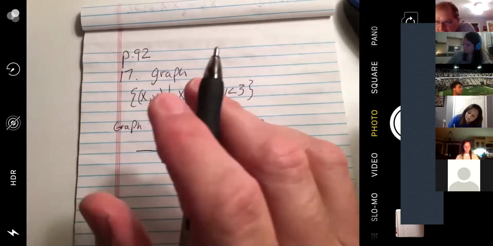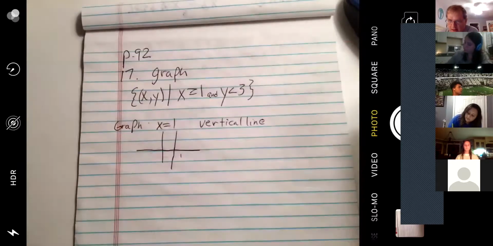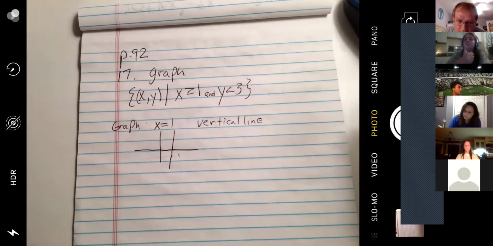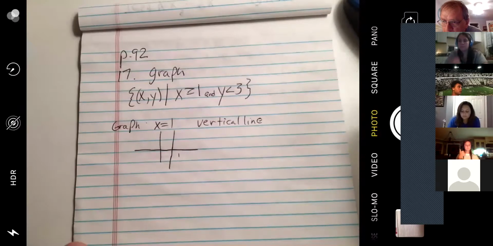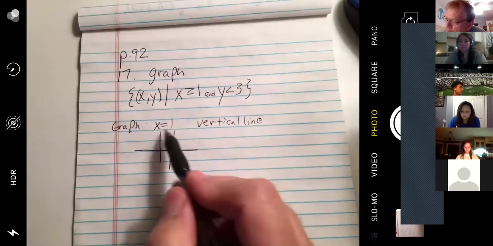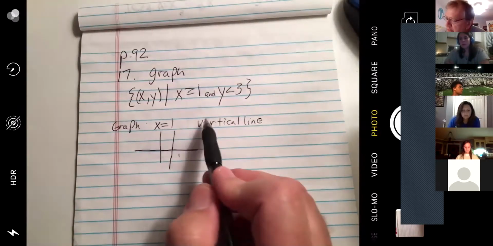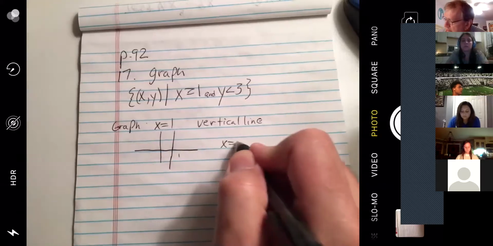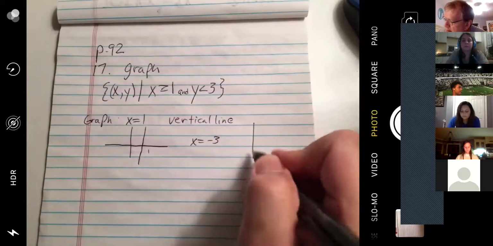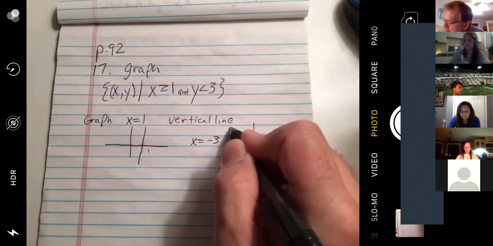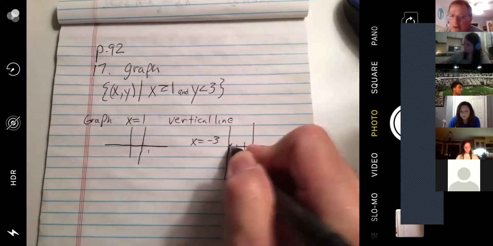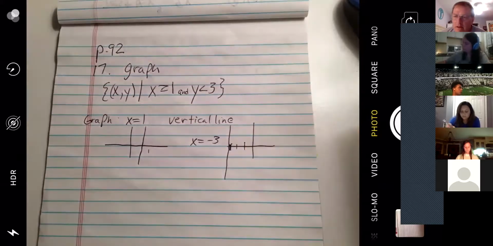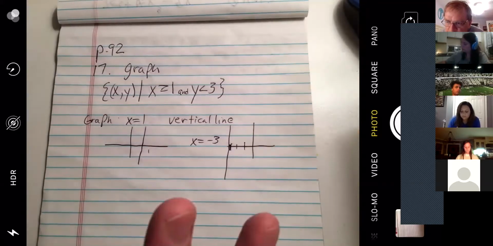Does everybody know that, or does that need explanation? X equals any number is a vertical line through that number. So x equals -3, 1, 2, 3, vertical line. Everybody got that?